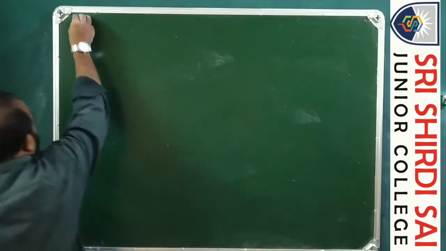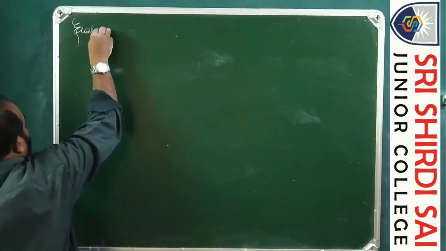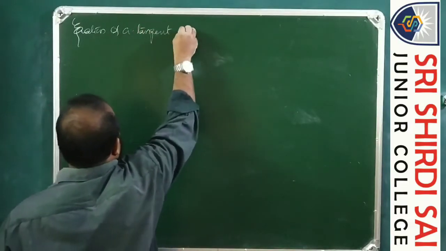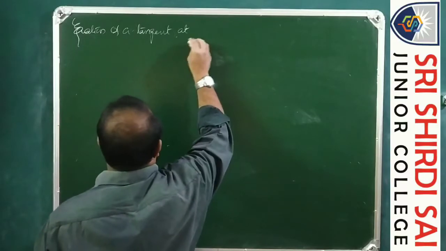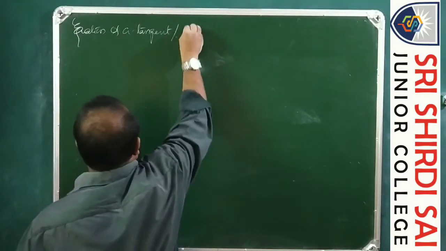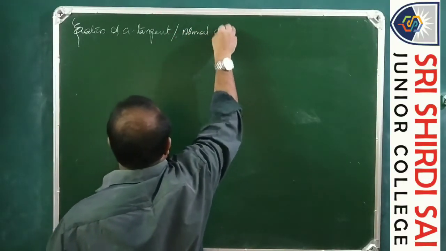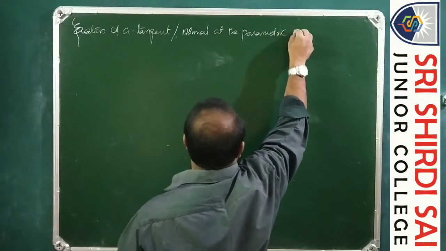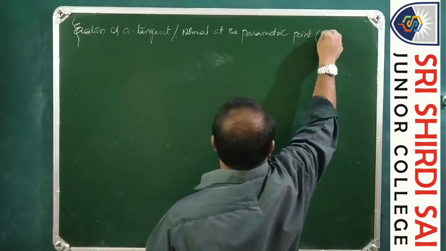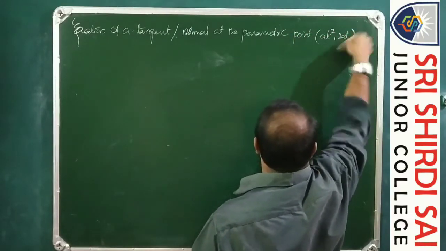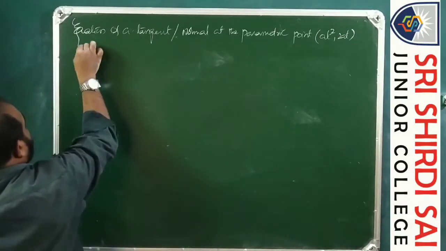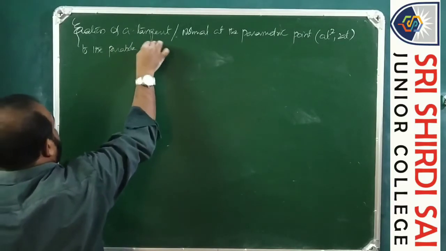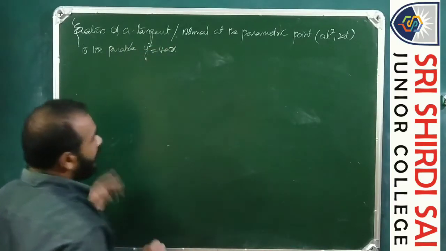So the equation of the tangent and normal at the parametric point (at², 2at) to the parabola y² = 4ax. This is our main heading.